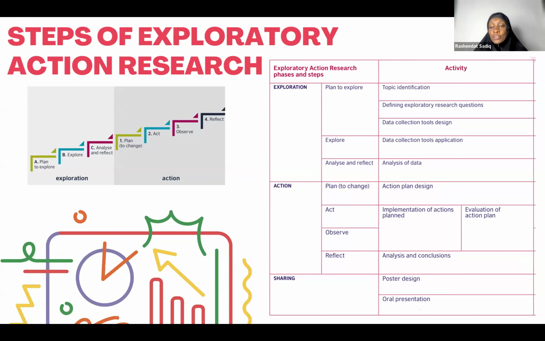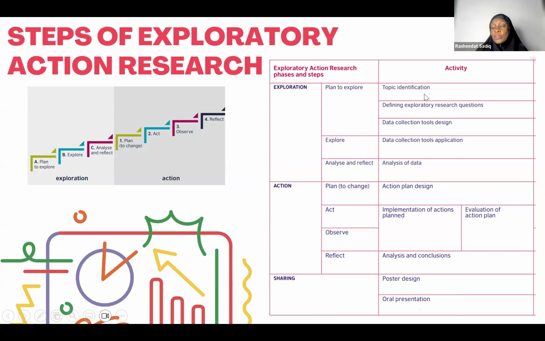If not, you're good to go. You're good to share it with others, because it has now become knowledge that is backed by data. So you can share by doing a presentation, by writing a report, by creating a poster to share with the rest of the world, or even creating a video.